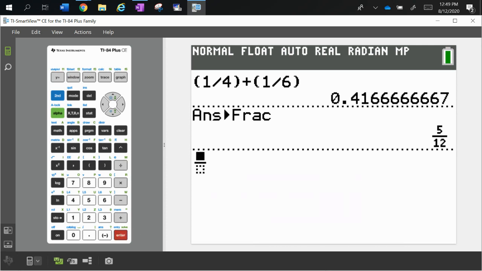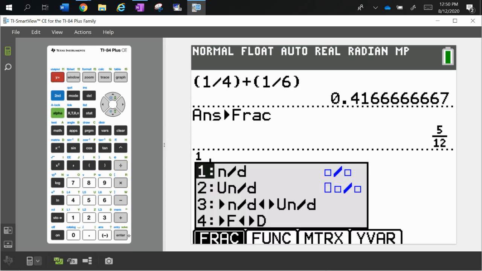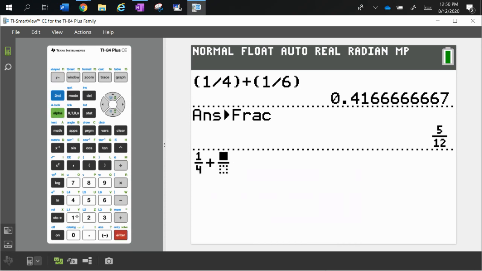So I'm going to press enter, and it makes it a fraction for me. So I'm going to do 1, and then I'm going to do down arrow, and then 4 to the right, plus, and then I'm going to do the F1 button again. So I'm going to do alpha y equals, numerator over denominator, 1, and then I'm going to go down 6. So there's 1/4 plus 1/6.